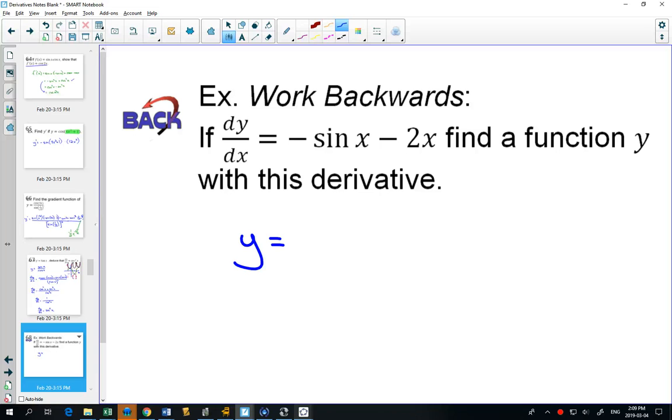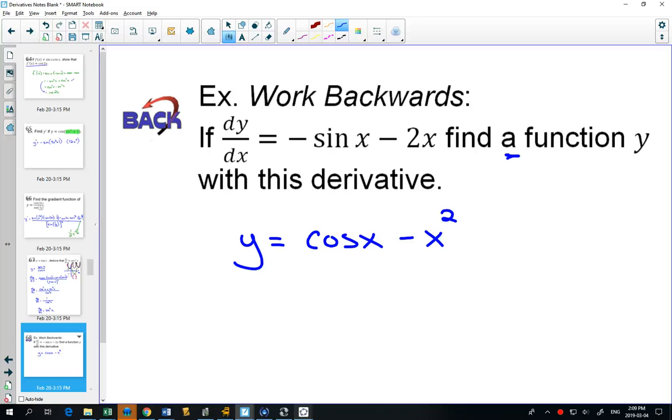What would give you a derivative of negative sine? Negative cos or positive cos? Positive cos. What would give you a derivative of negative 2x? Negative x squared. And that would be your right answer.